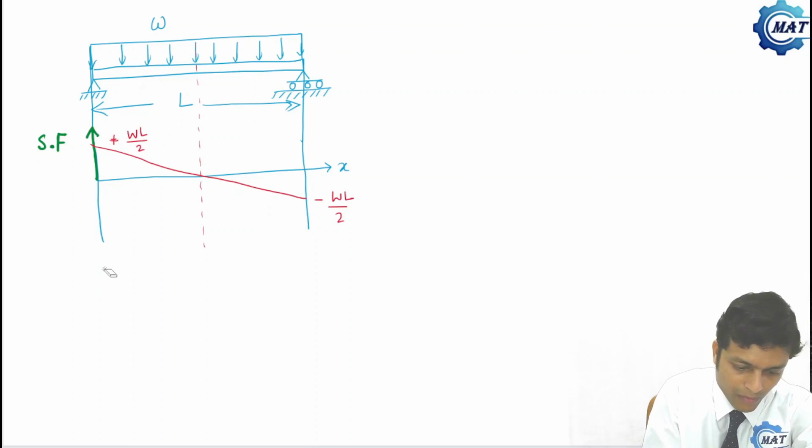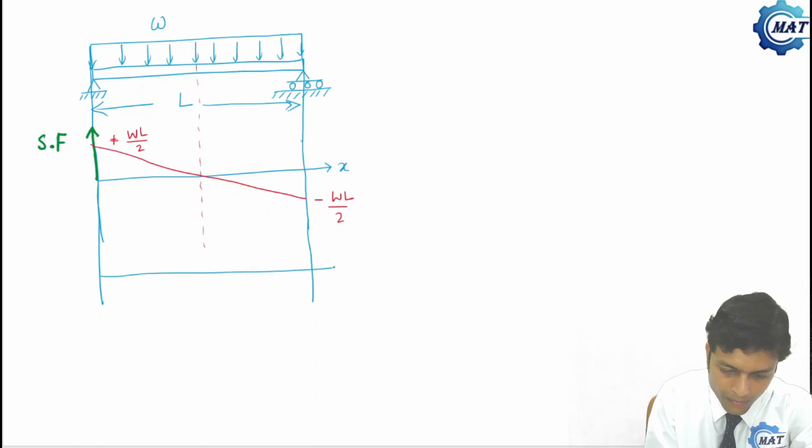And what about the bending moment? Bending moment was like this. So here the value was wL square by 8.